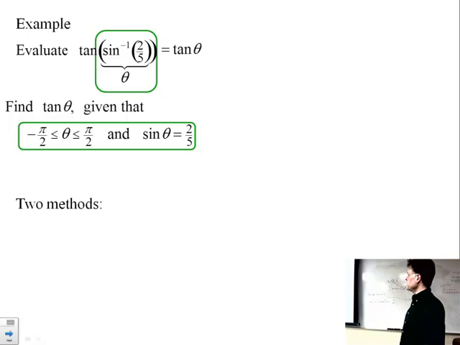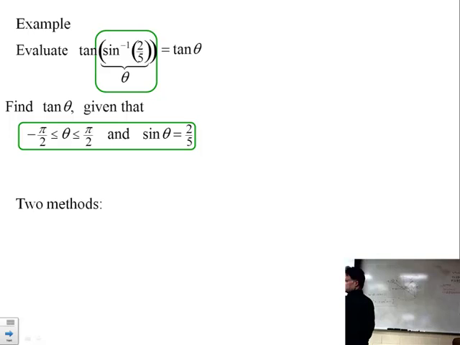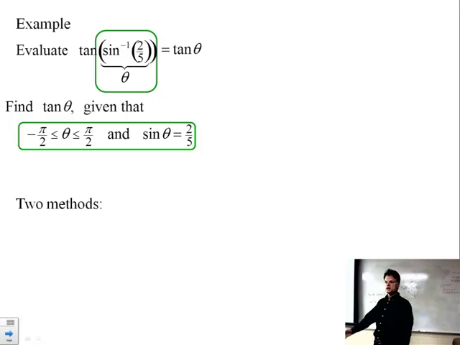What do we know about theta? Well, we know that it's in the official range of the sine inverse function. So it's between minus pi over 2 and plus pi over 2, which tells you what quadrant it's in. It's either in quadrant 1 or quadrant 4, right?